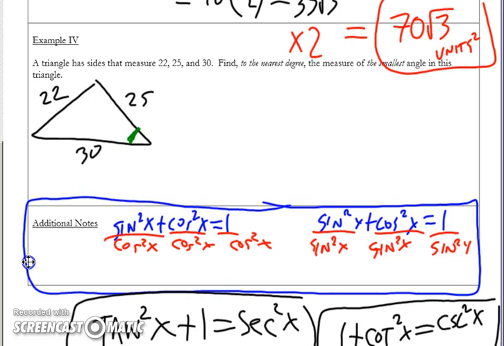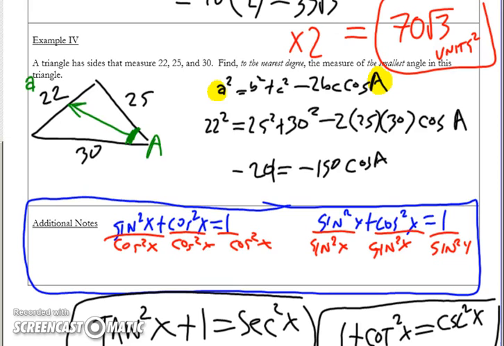The law of cosines is, as it's written on your formula sheet, a squared is equal to b squared plus c squared minus 2bc cosine of A. The important thing to remember about this formula, really the only thing you have to remember, is that this angle is across from this side, whereas B and C would just represent the other two sides.